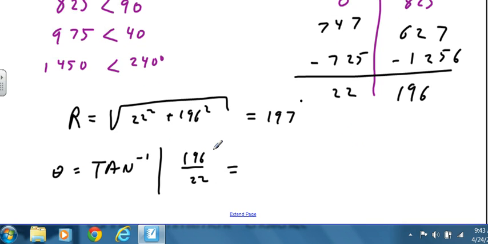Arctangent, 196 divided by 22. 83.5, but I don't think, yeah, we have 3 significant digits. Okay, so we can go 83.6 degrees. And again, I wouldn't necessarily have to do that if I just put it in my calculator.